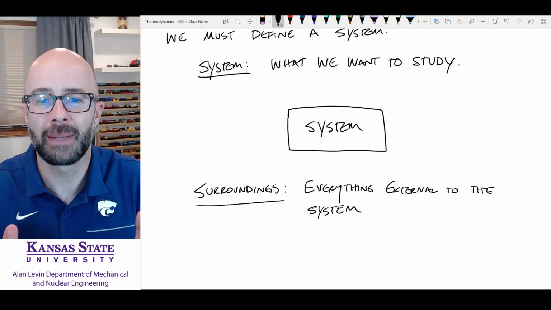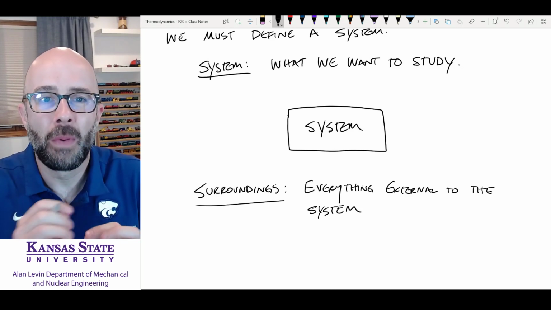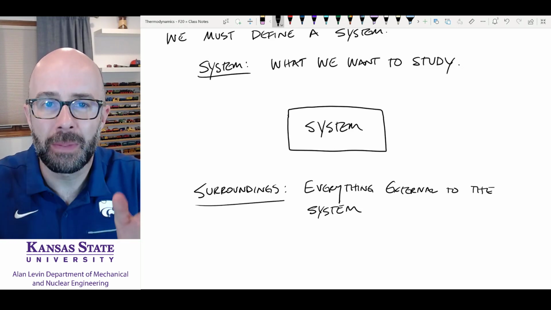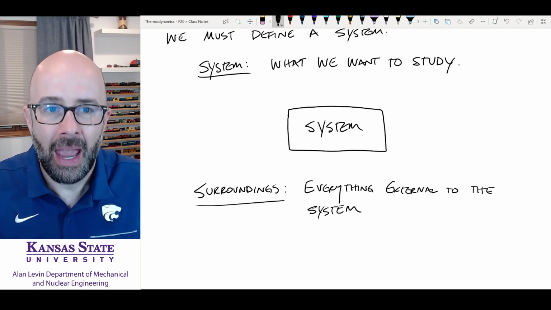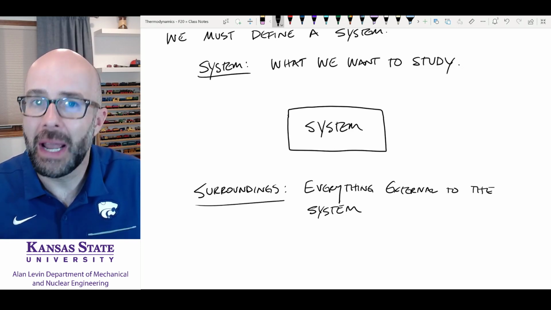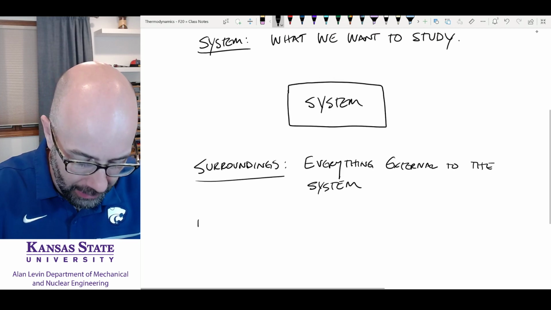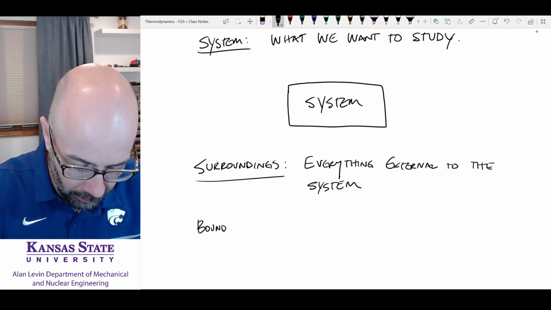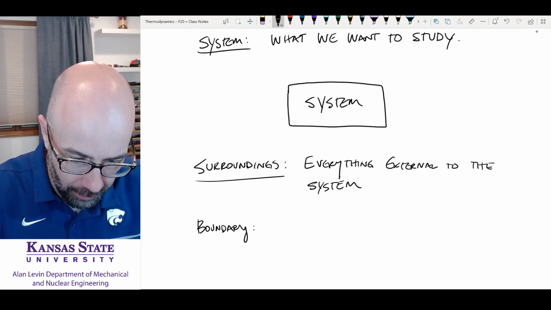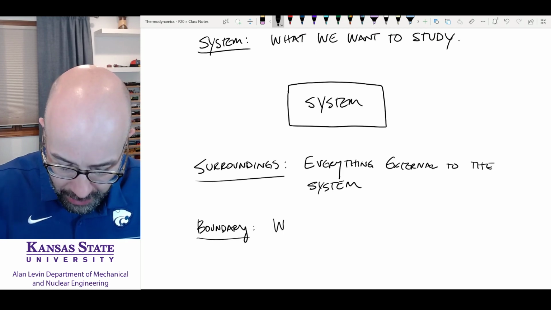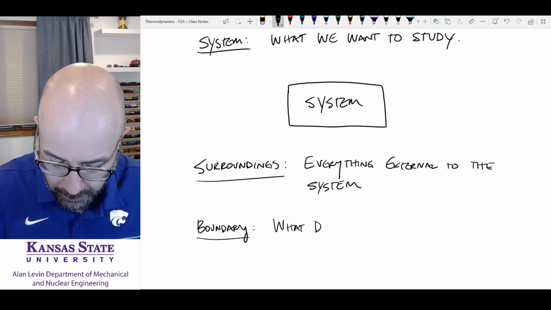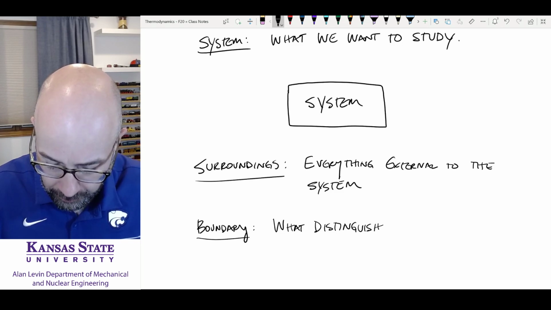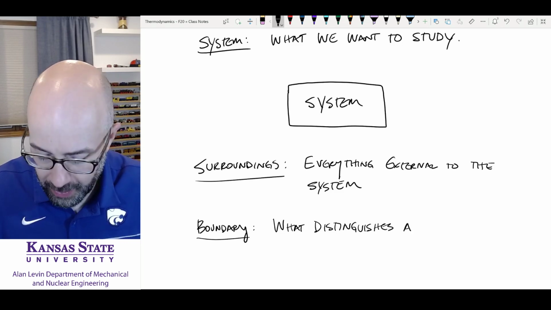But we're going to have to do something to denote the difference between those two things, and that's where we're going to draw a boundary. A boundary is what distinguishes a system from its surroundings.